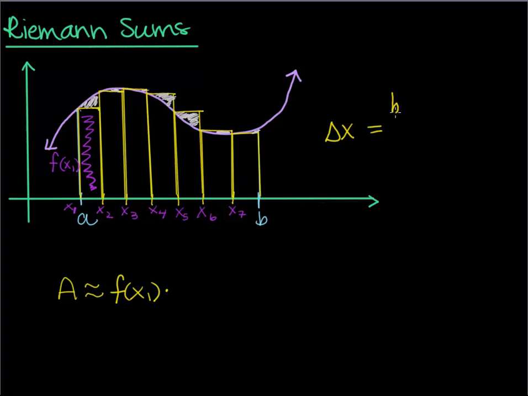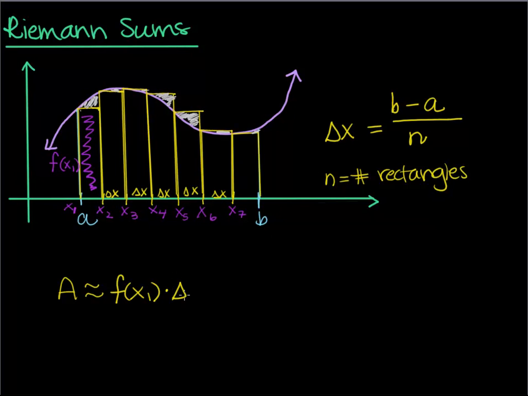So I'm going to take the length of that interval, which is b minus a, and divide it by the number of rectangles I have, where n equals the number of rectangles. So this is delta x. Each one of these little pieces is delta x. Or if you've seen that triangle before, we call it delta. It just means a change in something. Delta x, the same width for each rectangle.